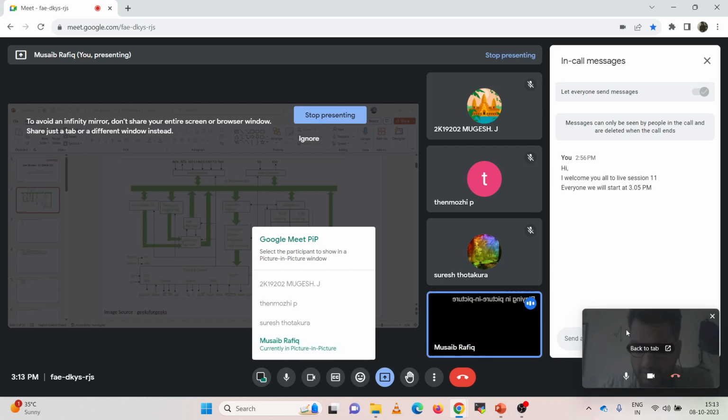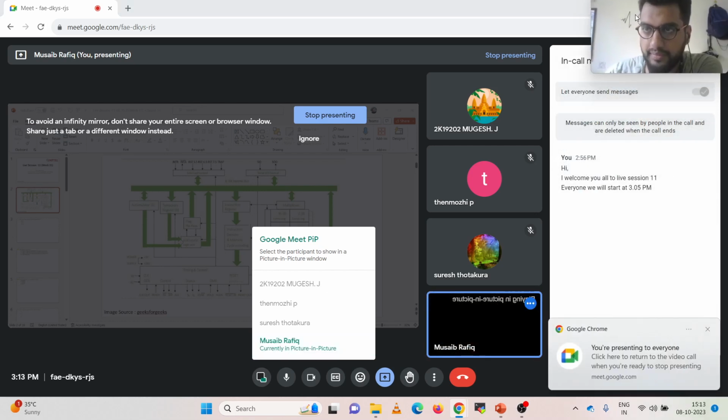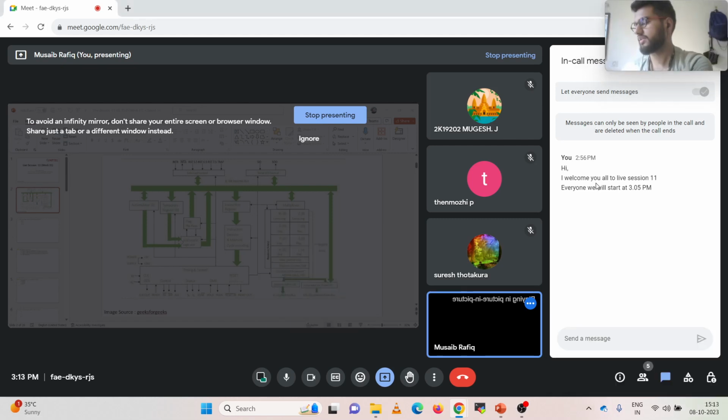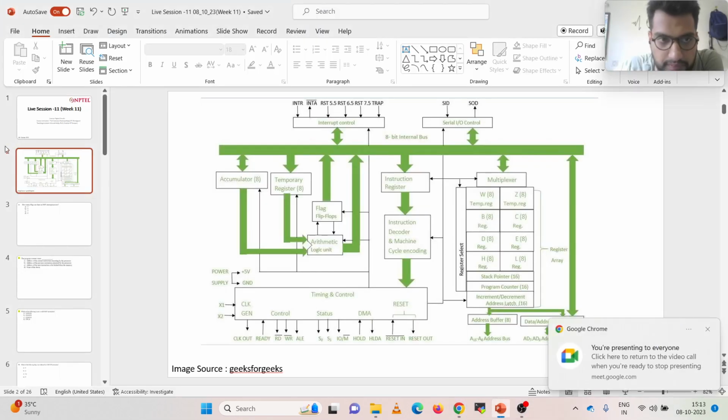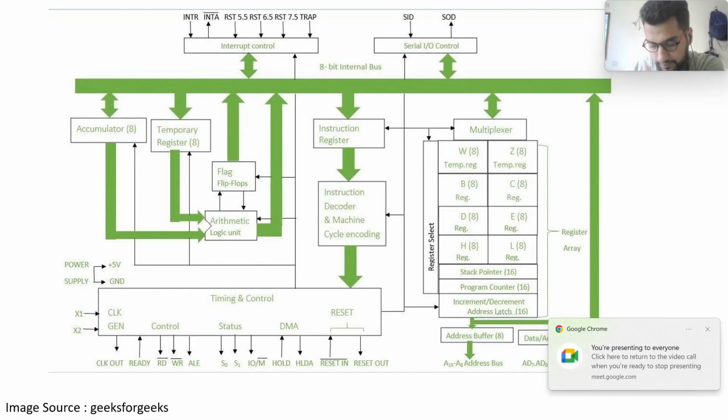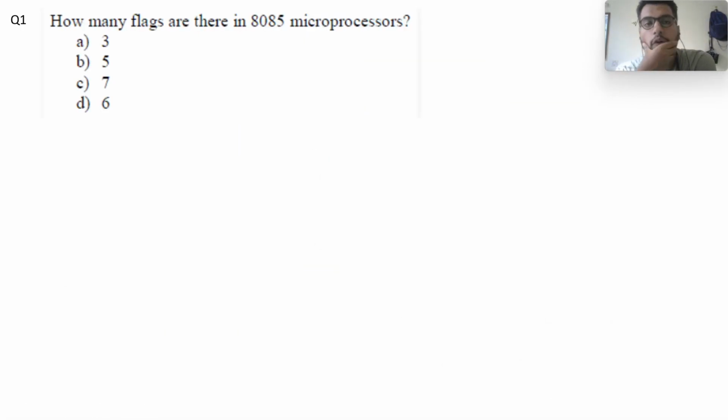Now let's start with the first question of today's live session. It states: how many flags are there in the 8085 microprocessor?